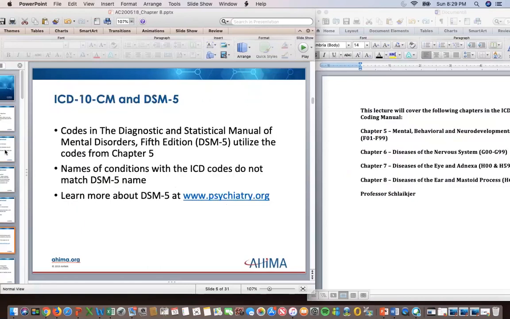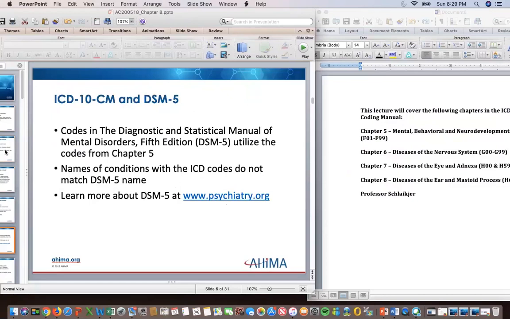So also within this chapter, if you are working for a psychiatrist or a psychologist, they also have their own coding manual. It's the Diagnostic and Statistical Manual of Mental Disorders, 5th edition, DSM-5, and they will utilize the same codes from Chapter 5.